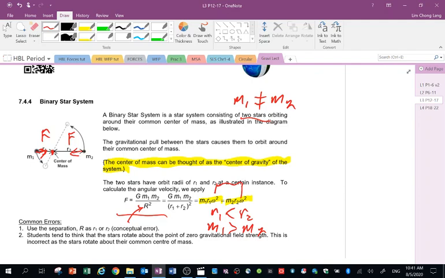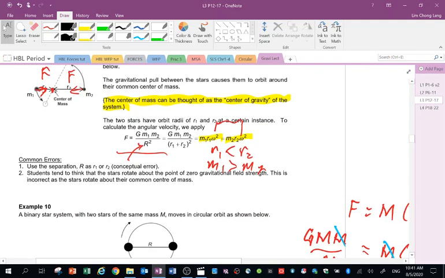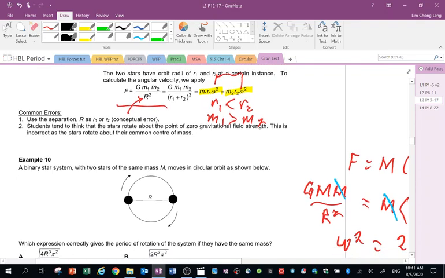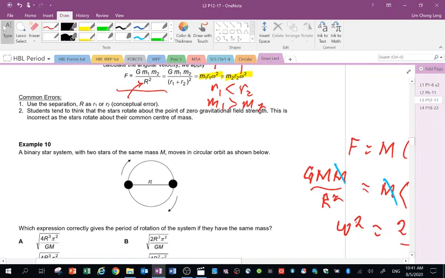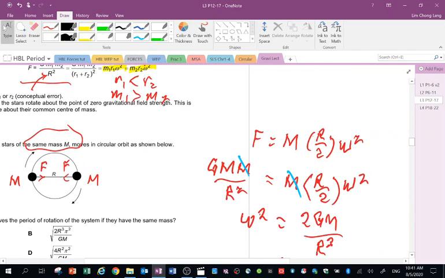So we are going to look at a problem to strengthen our concept here. Okay, I have a binary star system, but this time both are of the same mass, right? So they both have the same mass. And like before, because the two masses attract each other, they actually each experience a force F. And force F is actually the centripetal force.